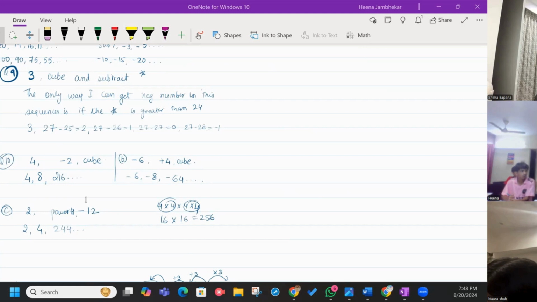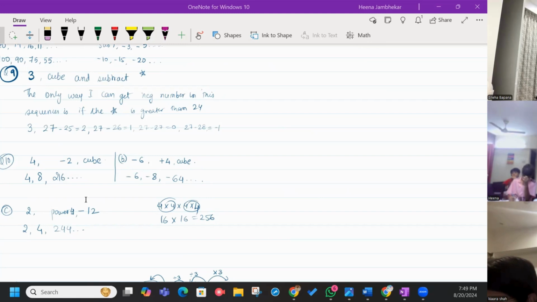Okay. You think now, minus 6 plus 4. How much is minus 6 plus 4? And minus 2 cube would be? So write minus 6. Minus 8 plus 4, minus 4.